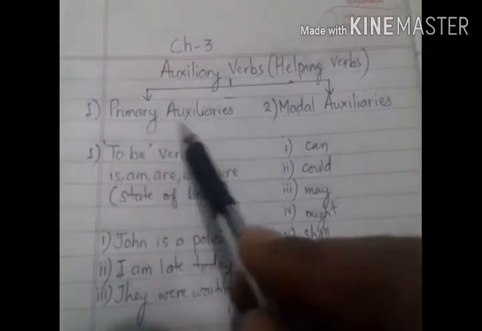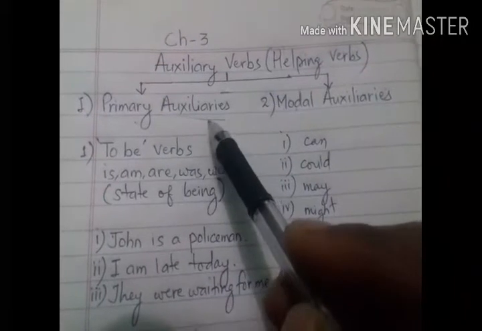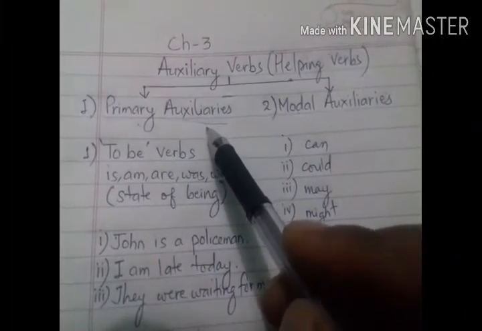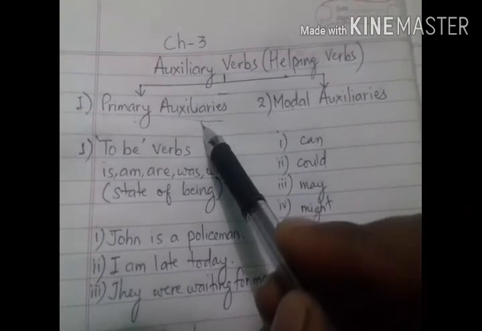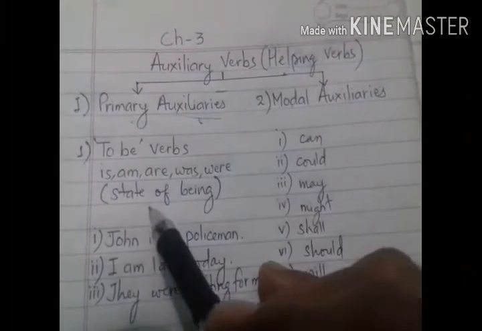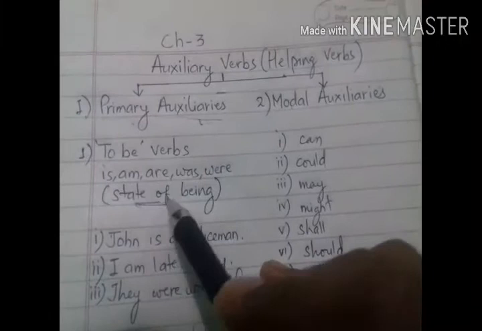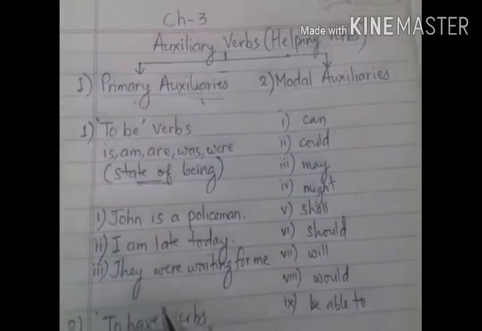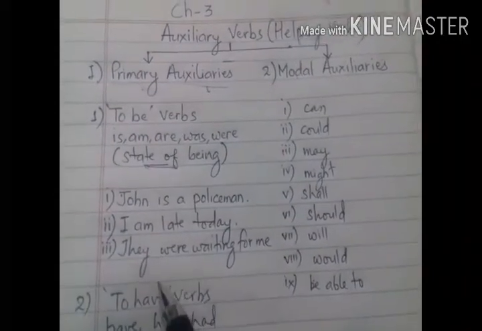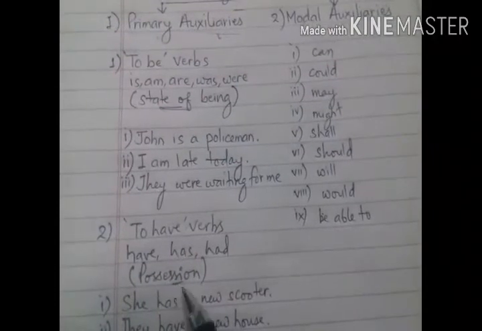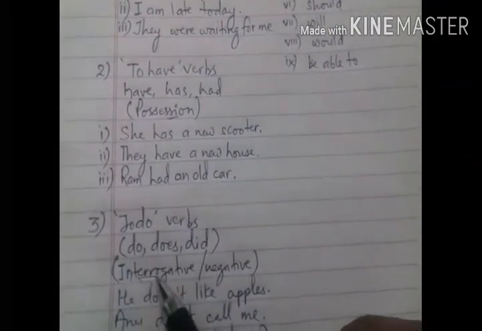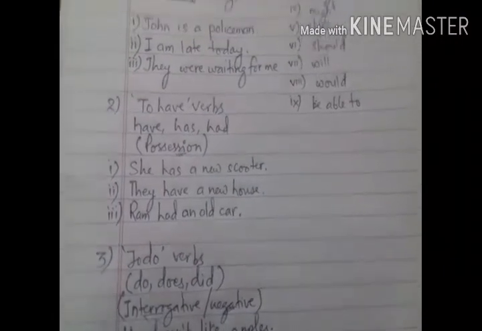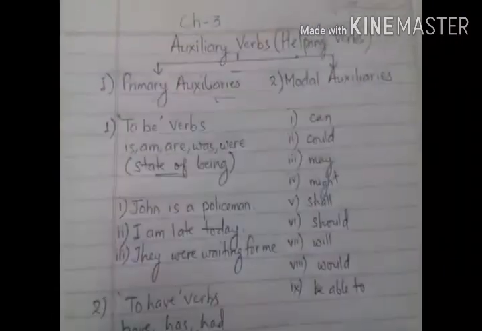But these primary auxiliaries can even be used as the principal verb when they show the state of being, when they show the possession of the subject, or when they are used to frame interrogative and negative sentences. So let us discuss how.